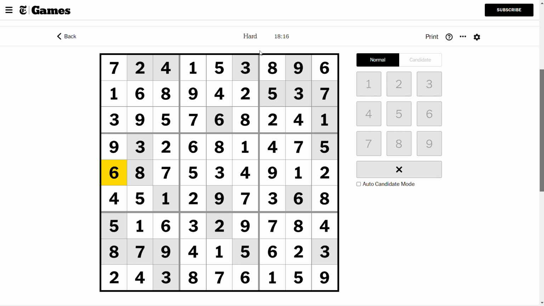Alright, so I finished today's New York Times Hard Sudoku in 18 minutes and 16 seconds. I'm actually a bit tight on schedule in real life, so I'll just go over the key spots quickly. The placement of 2 in either block 6 or column 9, because we've got these patterns of these 2s. So 2 goes here for this block or column.